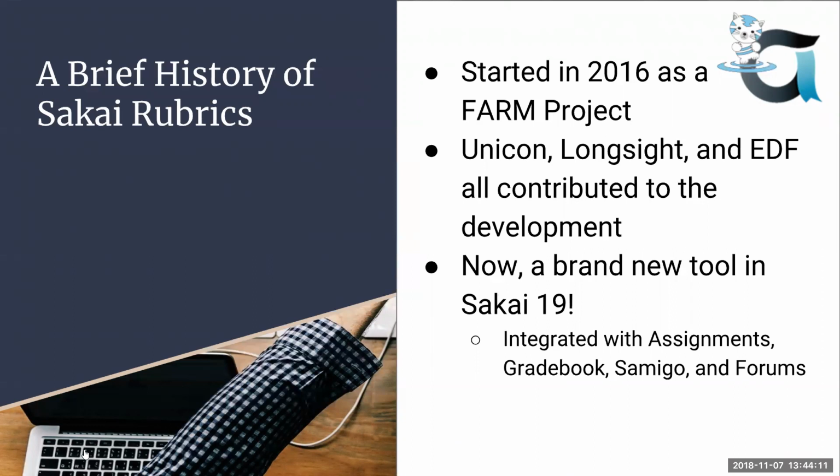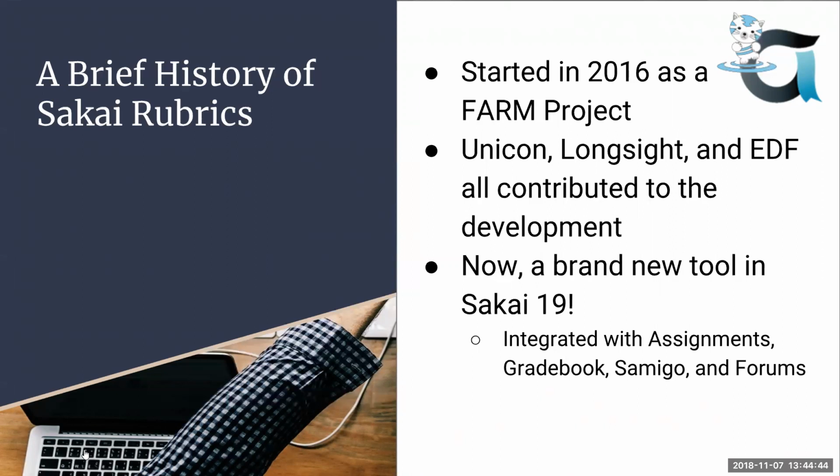So having something within the LMS was something that people had wanted for a while, but it was in isolated pockets, and because it's a big project, nobody really had stepped forward to say, hey, we'll fund this. So we started it as a farm project to get folks to collaborate and pool resources toward development of rubrics. And we were successful in getting several different institutions and organizations to contribute.